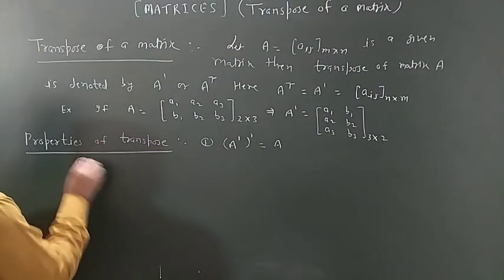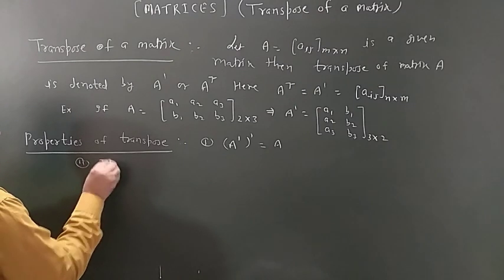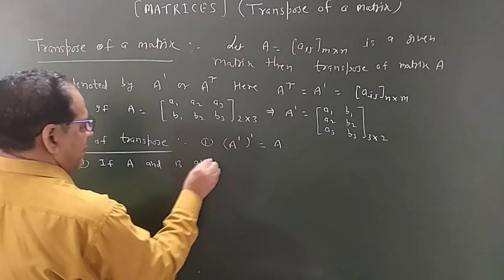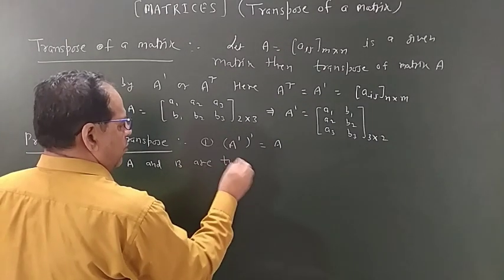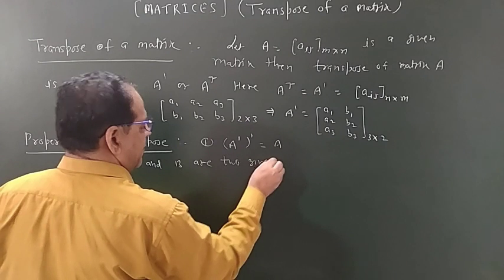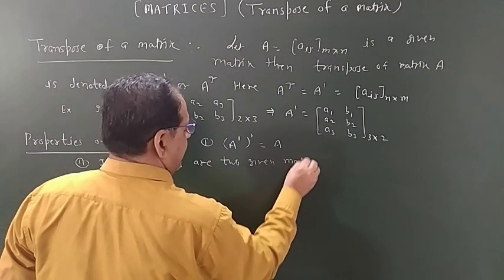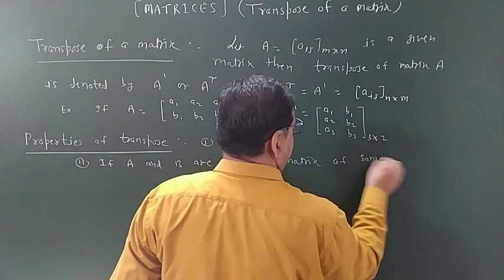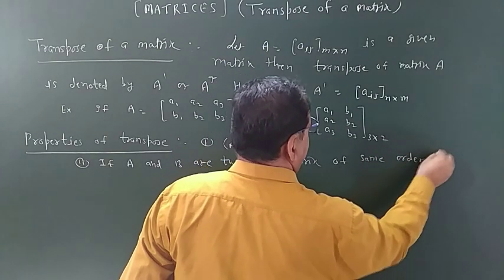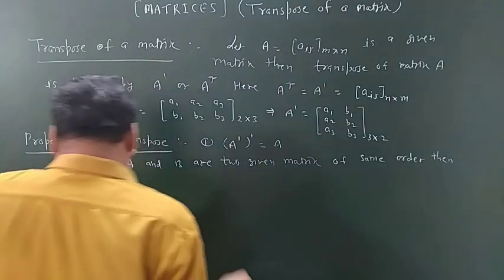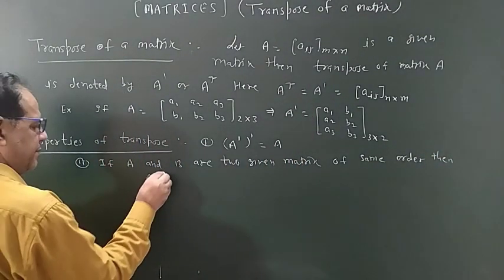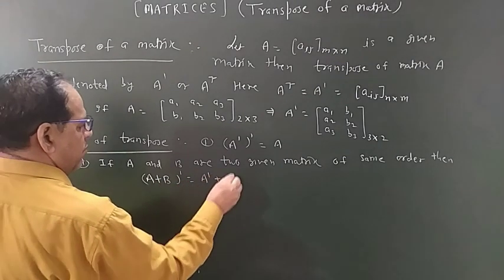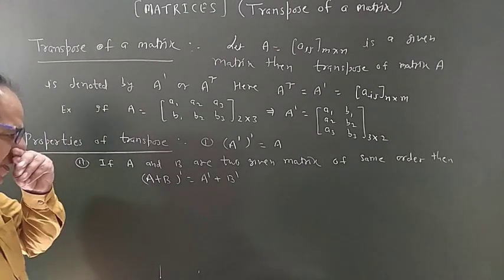Second, if A and B are two given matrices of same order, then A plus B whole transpose equal to A dash plus B dash.